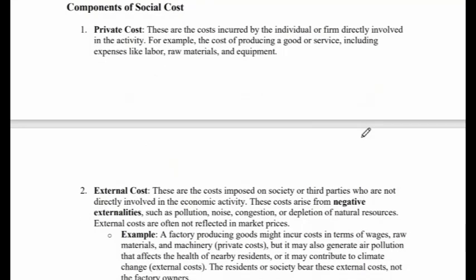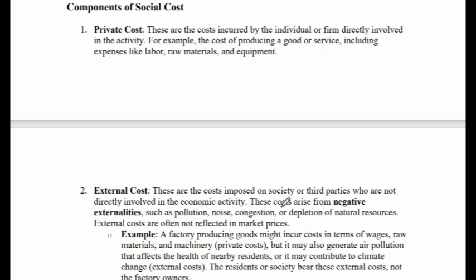Components of social cost. Private cost. These are the costs incurred by the individual or firm directly involved in the activity. For example, the cost of producing a good or service, including expenses like labor, raw material and equipment. And external cost.